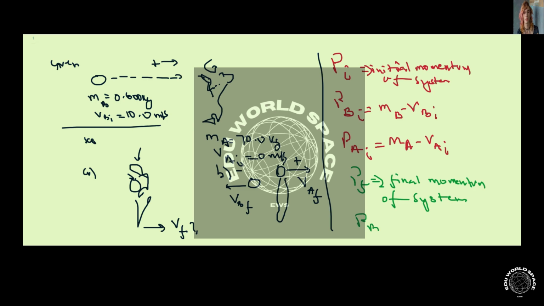The ball's final momentum is the mass of the ball times the final velocity, which is a common velocity. We don't have any distinct velocity between the ball and you, so we're just calling that VF, V final. And your final momentum is your mass times that velocity.